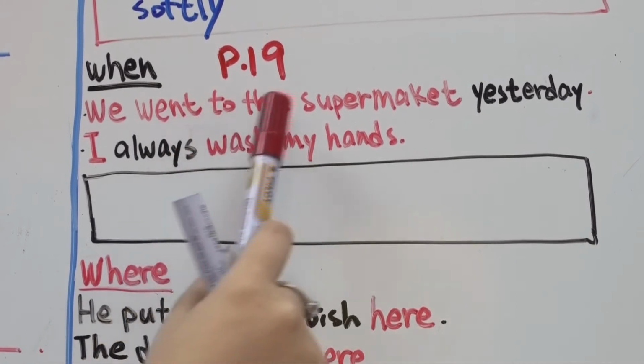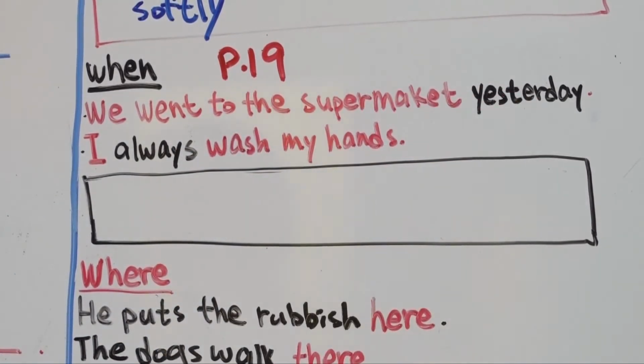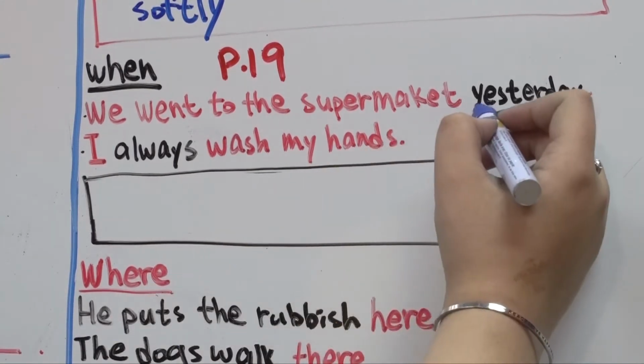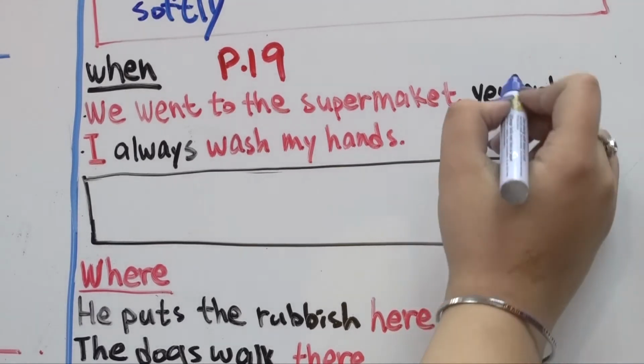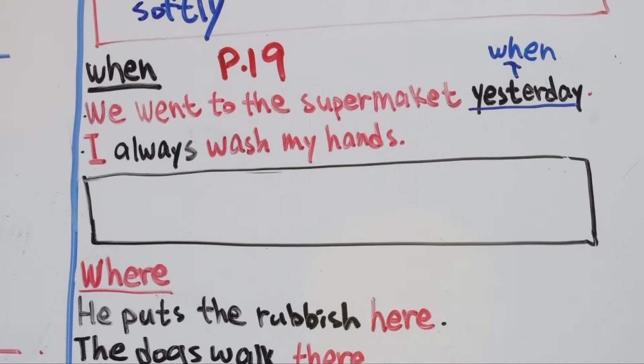We went to the supermarket yesterday. When this action happened. That should be yesterday, right? It tells you when this action happened, right? So this is one of the adverbs, okay?